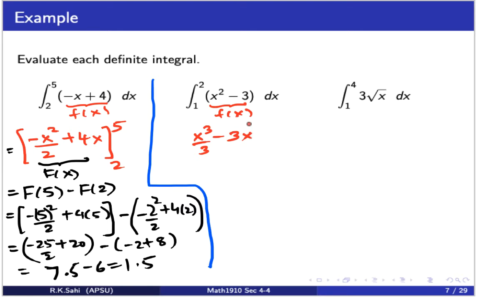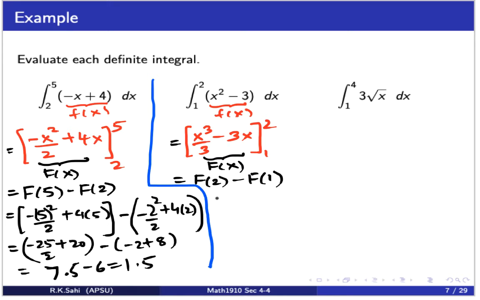Once you're done with this one, write down the square brackets and write down the lower and the upper limits. And keep in mind that inside this square bracket is our entire antiderivative F of x. Now you're going to do F of 2, apply the fundamental theorem of calculus, F of 2 minus F of 1.